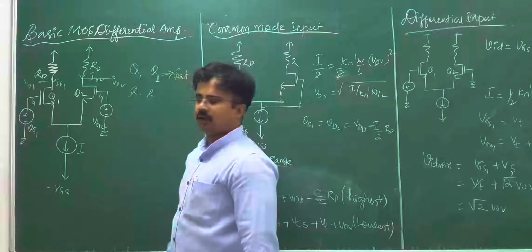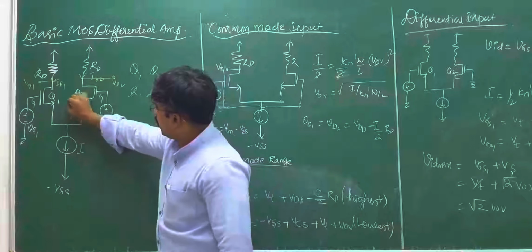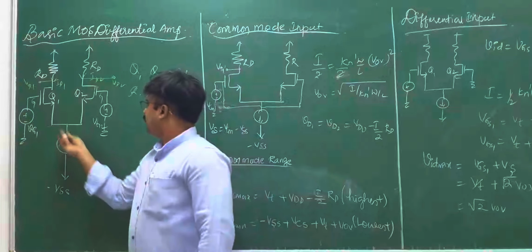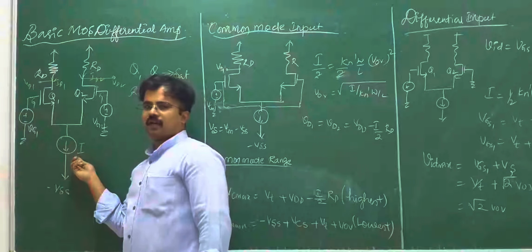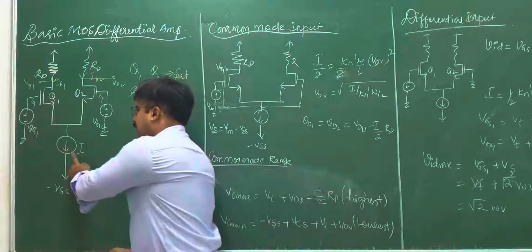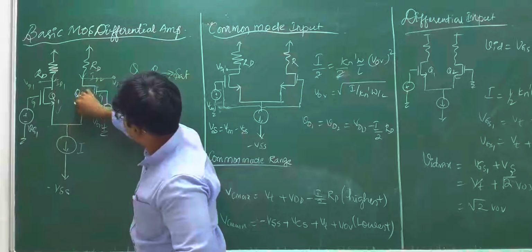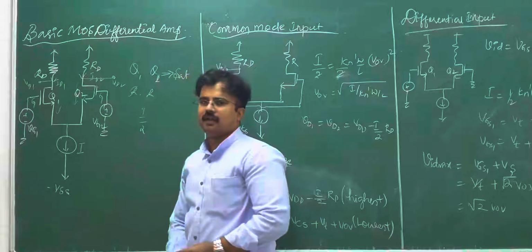To be more precise, the transistors Q1 and Q2 each carry 50% of the current of the current source I. That is, the current flowing through each of Q1 and Q2 is I by 2.